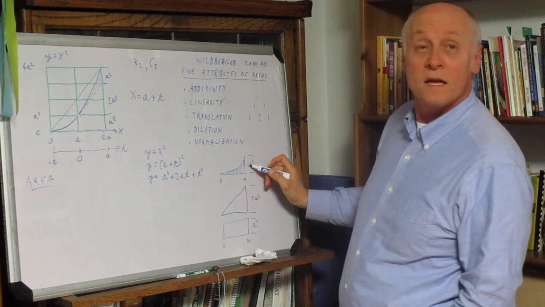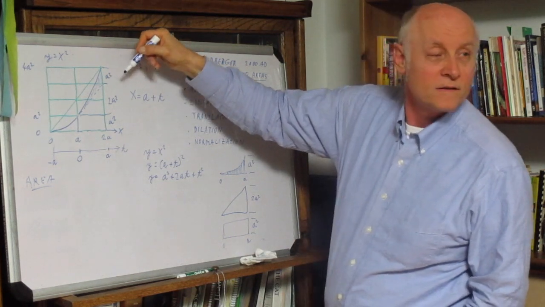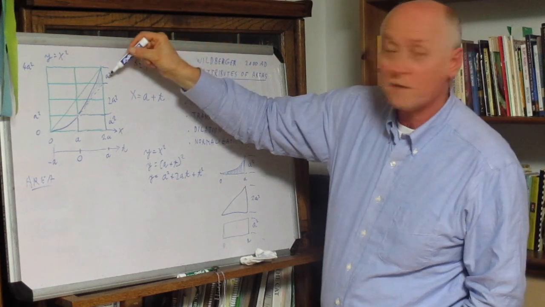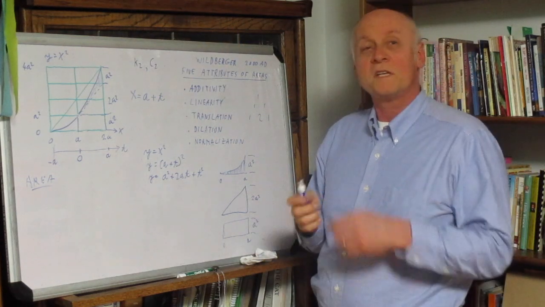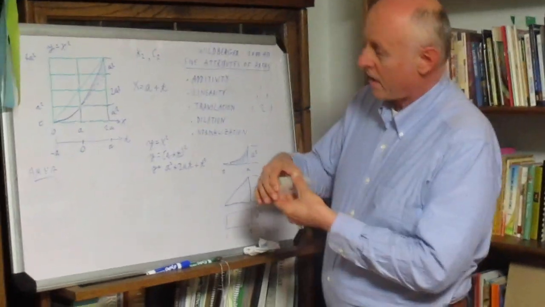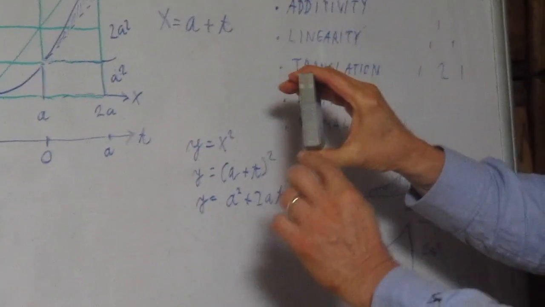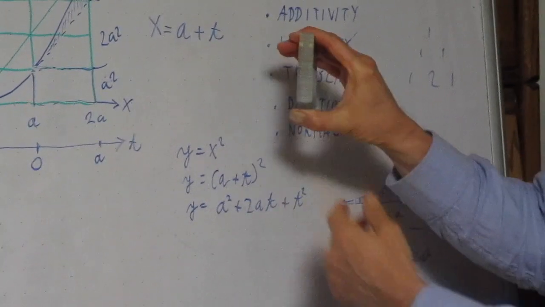You see this? That just comes right across to here. That's Cavalieri's principle. You've seen it with a deck of cards, okay? So here we have a deck of cards. And it has some kind of an area.